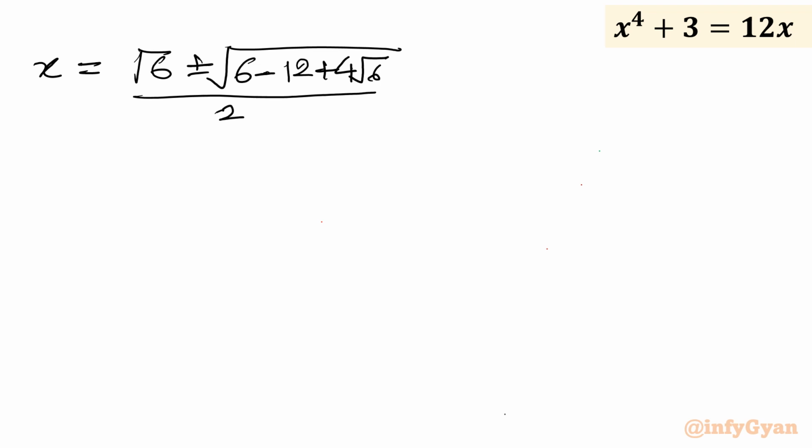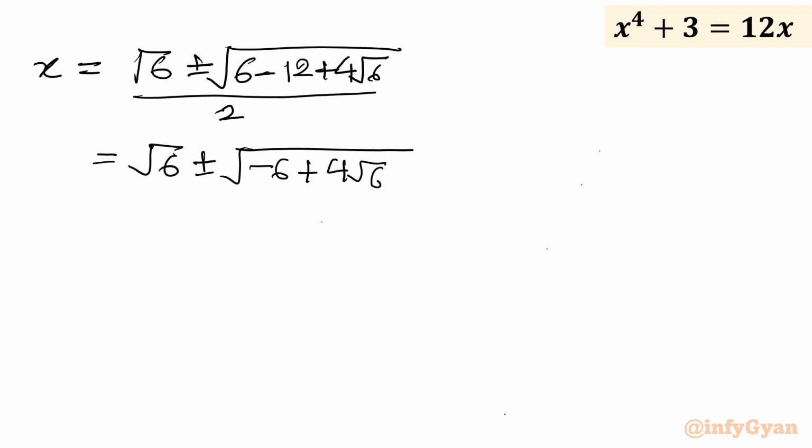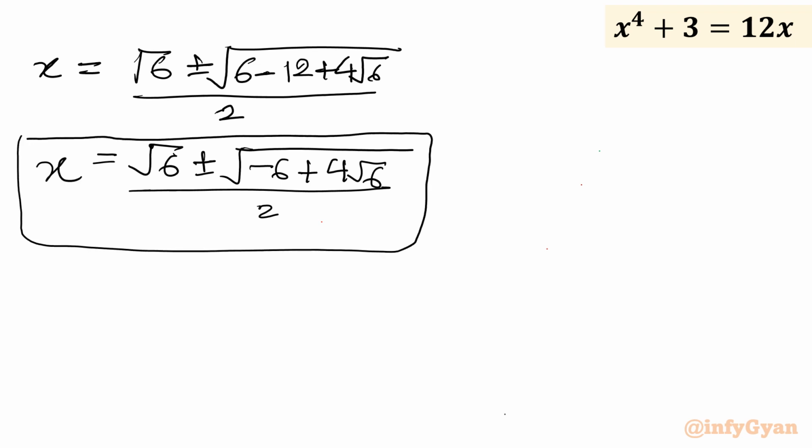Now you can see 6 minus 12, I will write plus minus square root of minus 6 plus 4 root 6 over 2. Okay, now 4 root 6. Root 6 is somewhere around 2.5, means more than 2. So this value will be 8, greater than 6. So this root will be positive. So from here we are having two real roots.